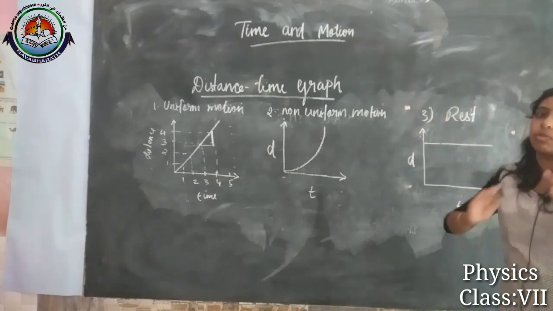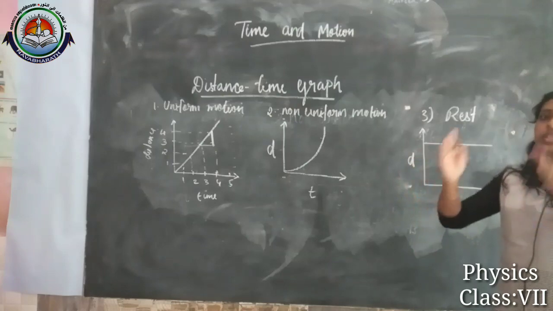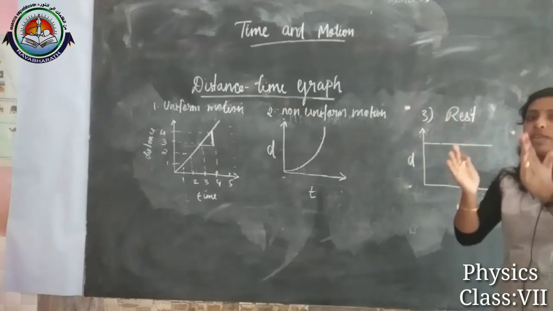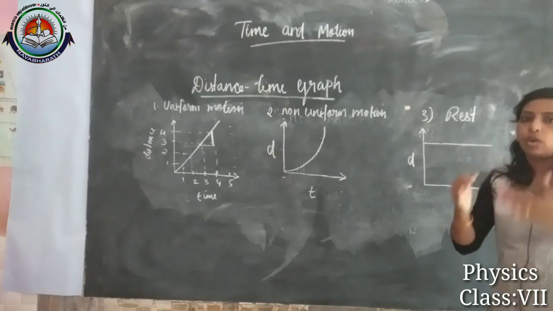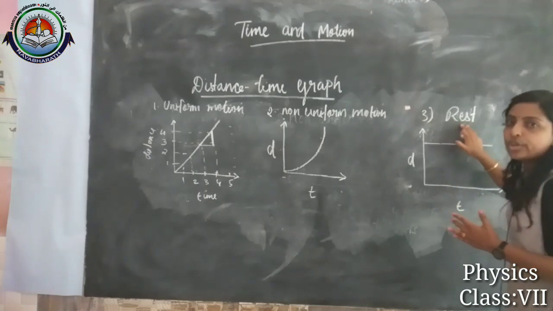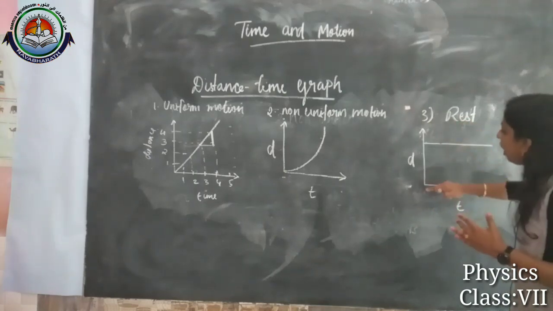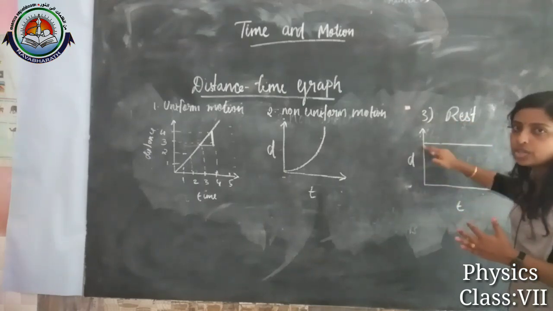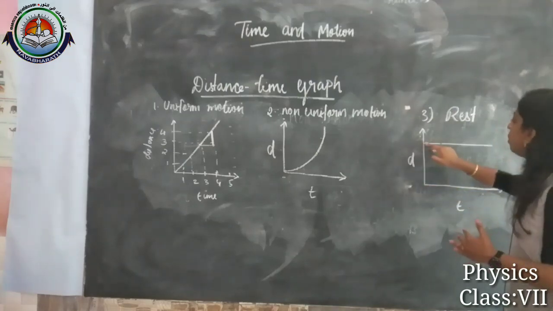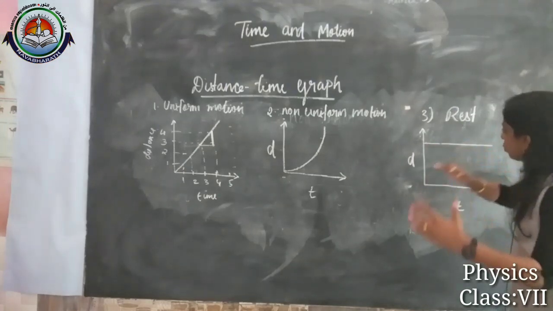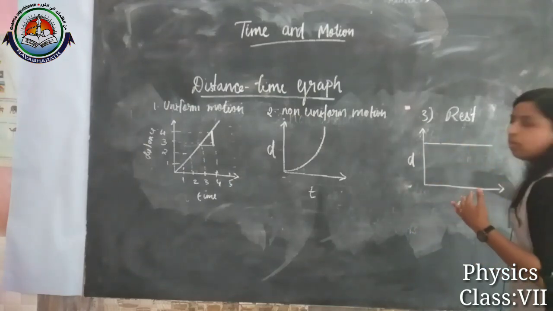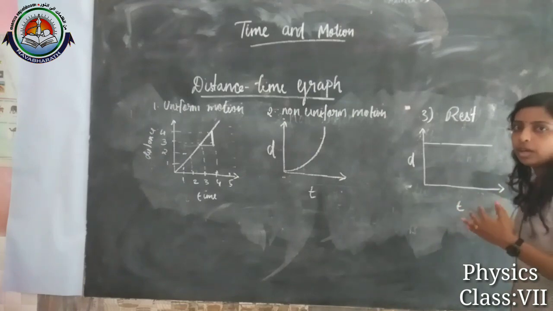Speed will be 0 when an object is in a state of rest. Actually that object moved a certain distance, after that we stop the vehicle. When we stop the vehicle for a long time, this vehicle comes to a state of rest. So anyhow the vehicle travels a certain distance from the origin or initial point, and we stop the vehicle for a long time, while the time is moving actually. It is an independent variable.